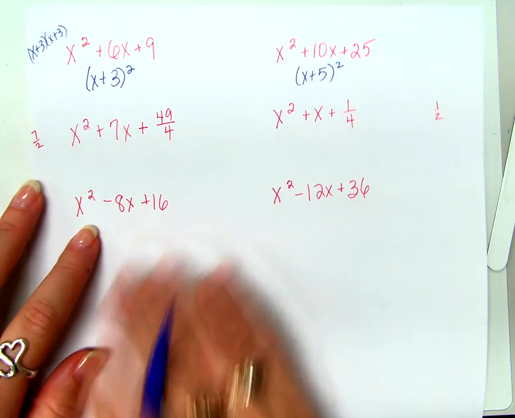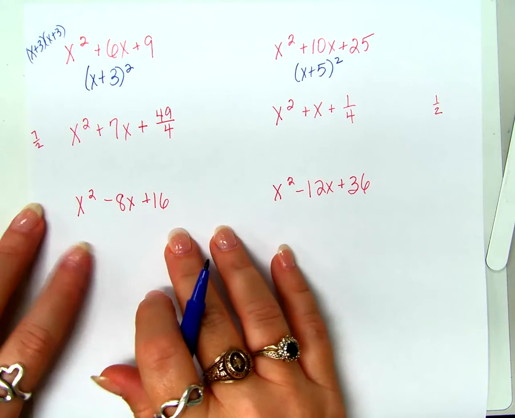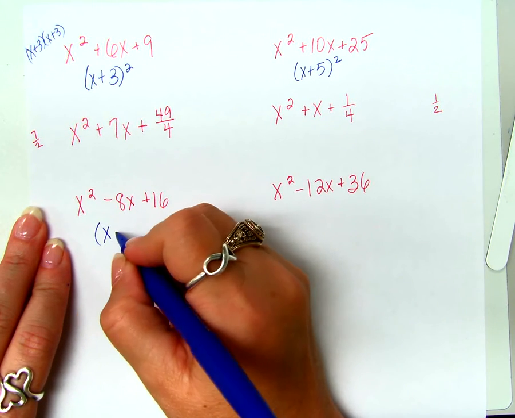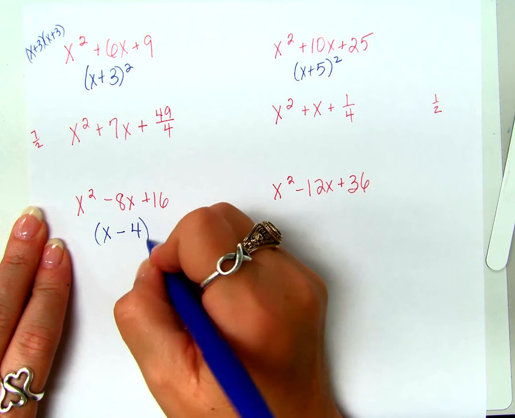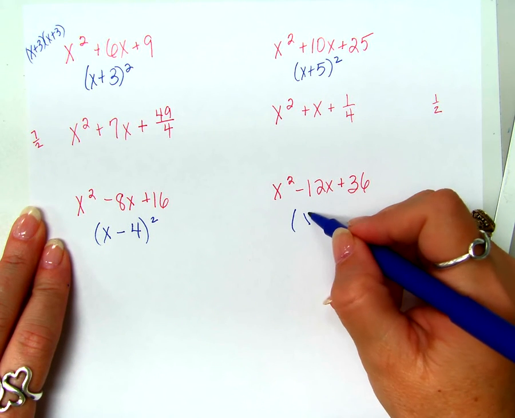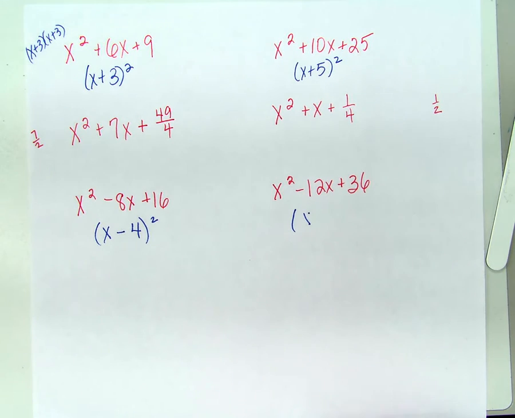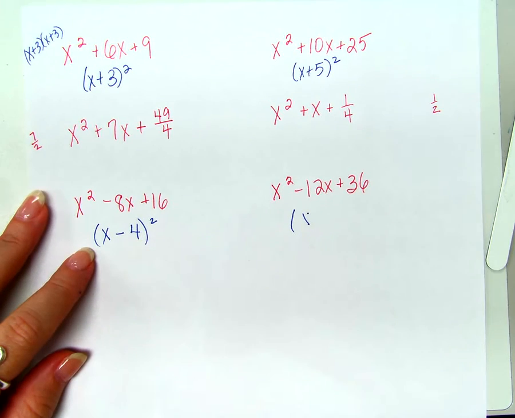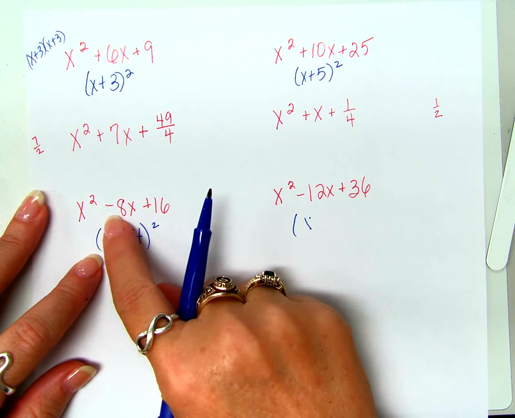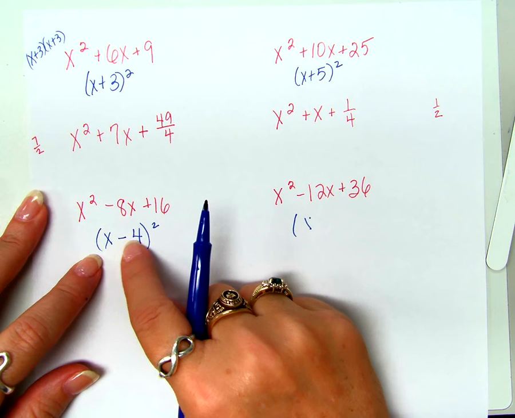What about this one? X squared minus 8x plus 16. What does its binomial look like? X minus 4 squared. What about this one? Oh, hold on. I'm waiting. Right here? Okay. So if we add negative 4 and negative 4, we do get negative 8. So, wait a second.